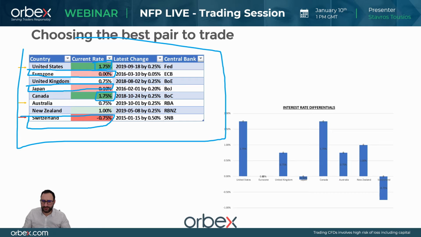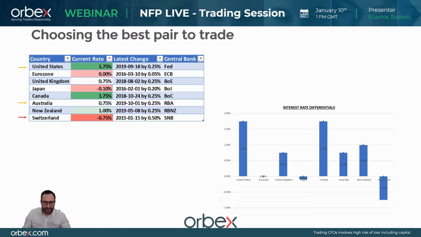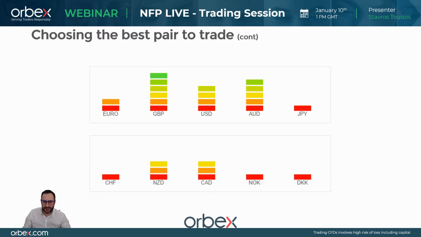Now, if the NFP comes out worse than expected, then we should be looking at a dollar CAD sell-off, because Canada has high interest rates, and that will be the only one able to put up a fight against the strong dollar, yield-wise, right. The other method, of course, is to have a look at the currency strength meter.